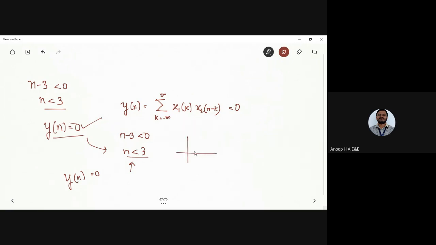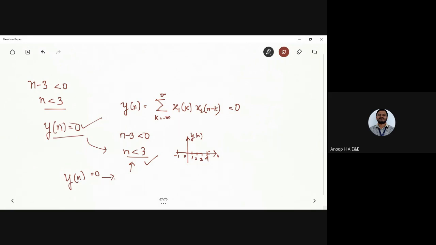So in the number line representation, 0, 1, 2, and 3. Any value where I have y of n and I have n, from 4 it will start, or any value less than 3, it would be equal to 0 there. So that is where you are going to interpret the value of the output y of n as equal to 0.